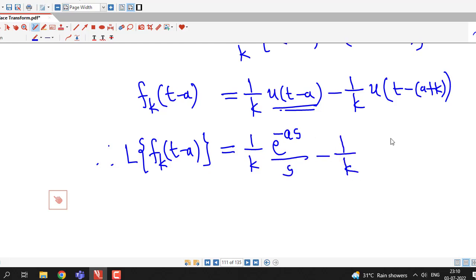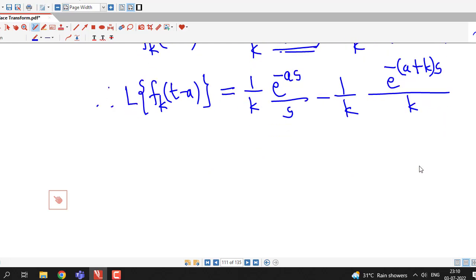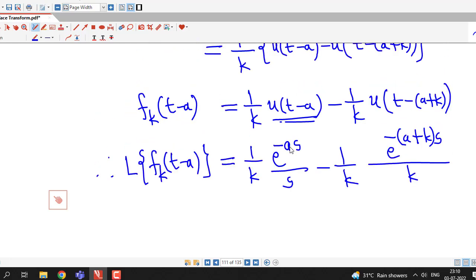Similarly here, instead of a we have a plus k, so we write e raised to minus a plus k s, divided by s, not k. The Laplace transform of the unit step function u of t minus a is e raised to minus as divided by s.